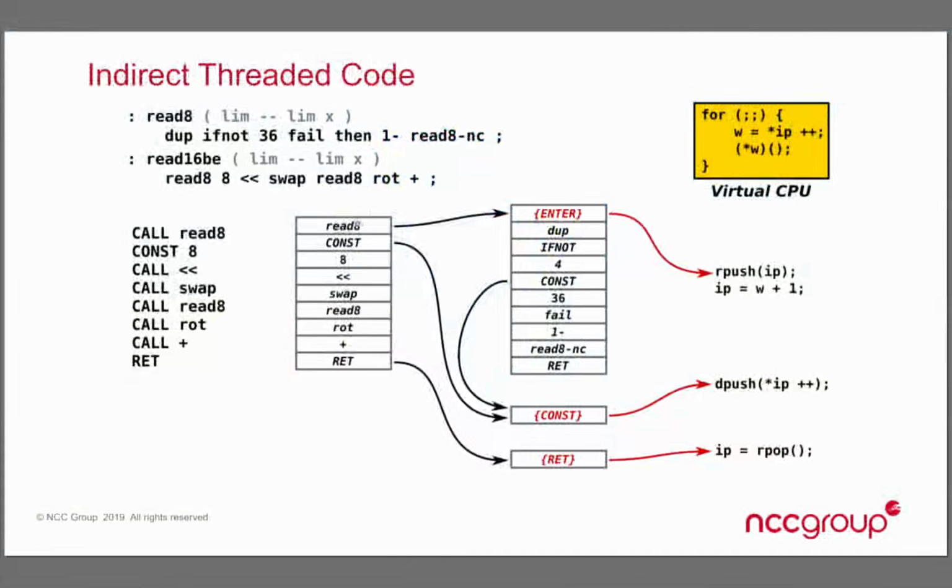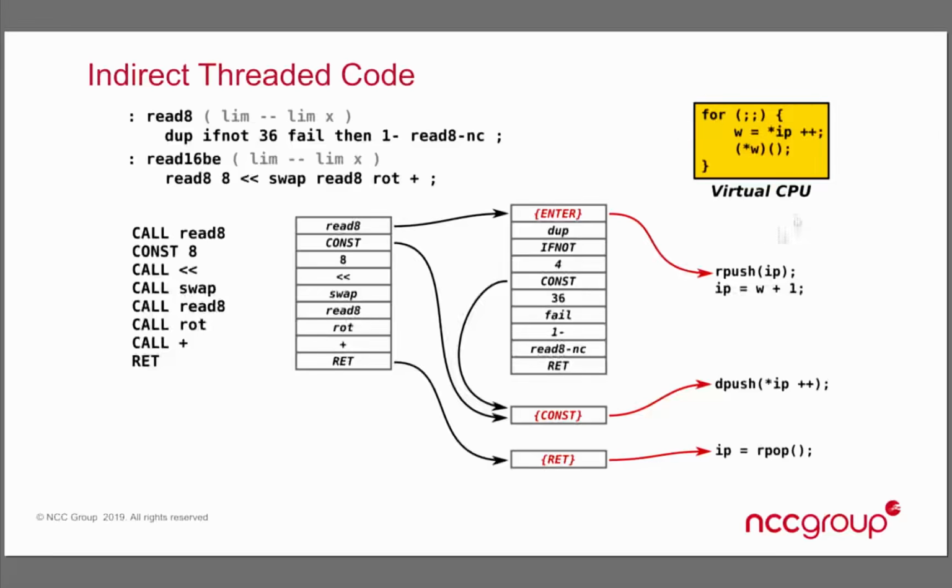And then it will follow that pointer, and at the first slot of the pointed structure, it expects a pointer to some native code, which is run. So here, it will just run const, which will use the instruction pointer to read the next slot, which contains the 8, and push it on the data stack. Afterwards, it just loops.